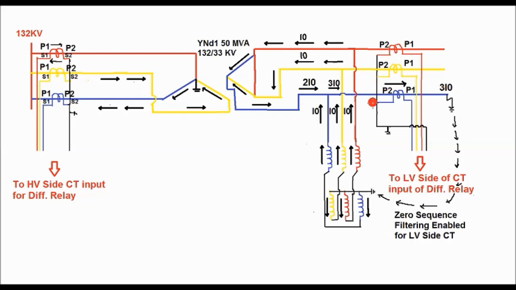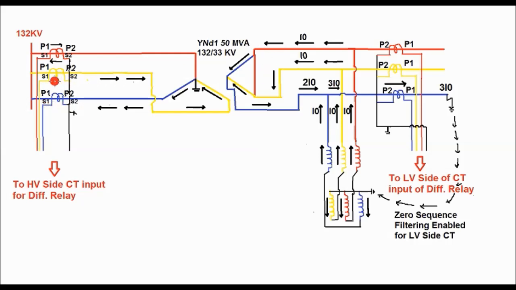So here the blue phase CT will sense 3I0 current. Okay. Since in the delta side winding, only the blue phase and yellow phase sense the current, which is an amount of I0, a similar amount of current will be sensed by the yellow phase and blue phase winding. So here the current will flow like this.